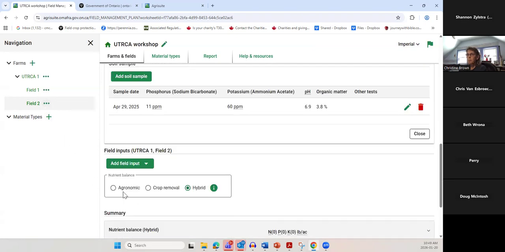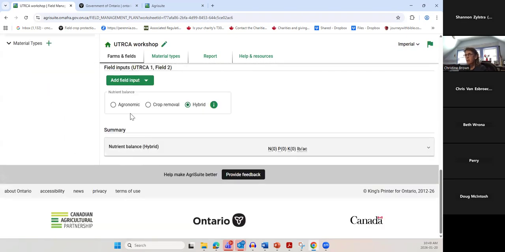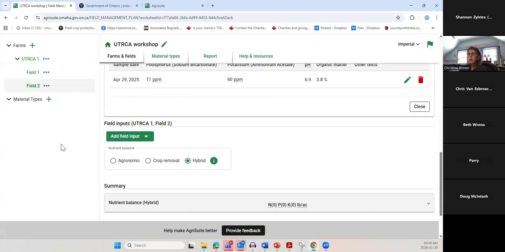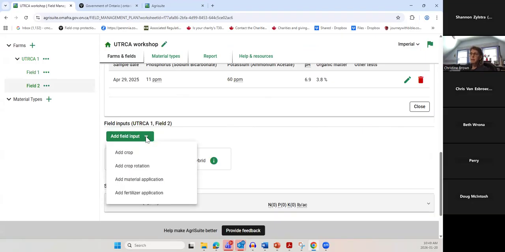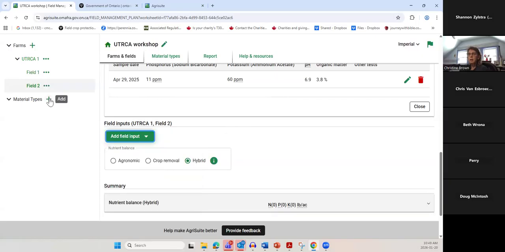So if I wanted to add the fertilizer and all that kind of information, then I might add it later. And we'll show you the difference. So field input, when I press on that button, I can add a crop, I can add a crop rotation, I can add material application, which is another way of saying manure, and I can add fertilizer. But before I do that, I'm going to add my manure.